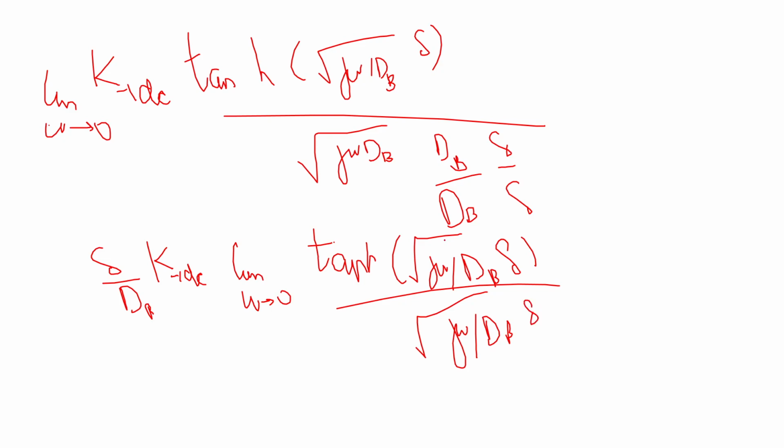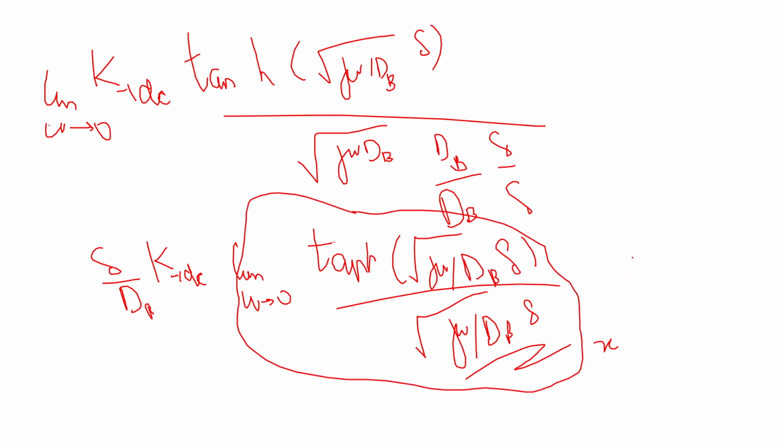This can be written in terms of x, so it will be again limit x tends to 0 of tanh x by x. So this entire term will go into 1. Finally, I'll get del by dB into k minus 1.